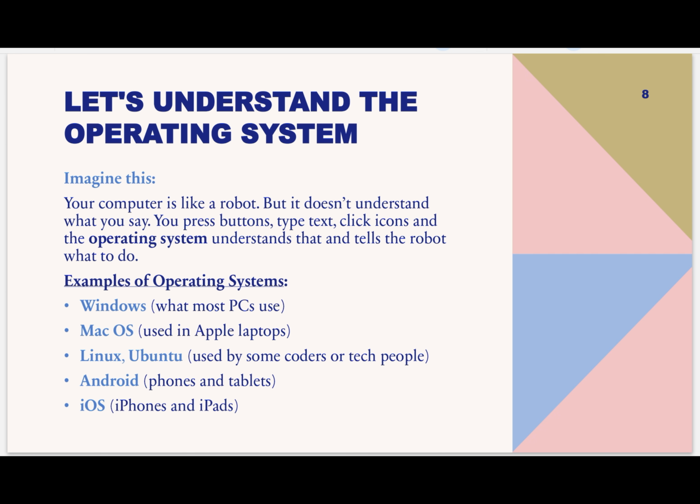Means like a manager. As you can see in its name, operating system, here operate means to operate anything. Operating system operates our, we can say, PC. Operating system is also in mobile, means in mobile, PC, everything. So this system basically operates our mobile or PC.